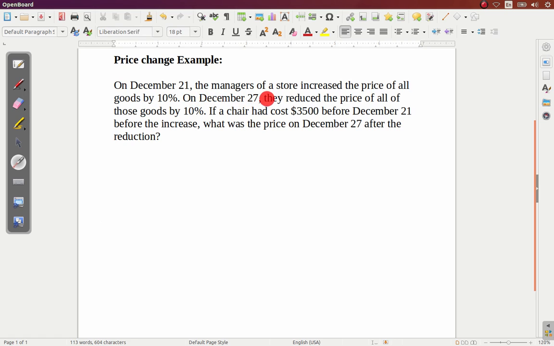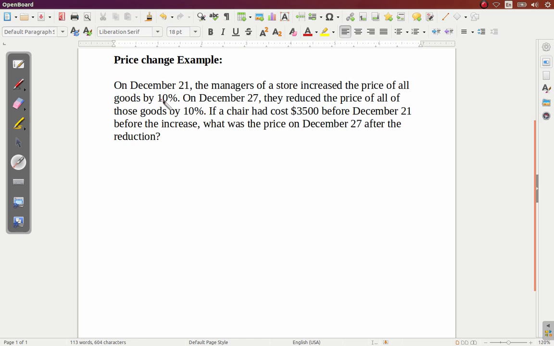On December 27, that's after the Christmas rush, they reduce the price of all of those goods by 10%. Alright, just to clarify, they increase the price by 10% and they reach a new price. Then they look at that price and reduce it by 10%. Now, if a chair had cost $3,500 before December 21, that's before the increase, what was the price on December 27 after the reduction?